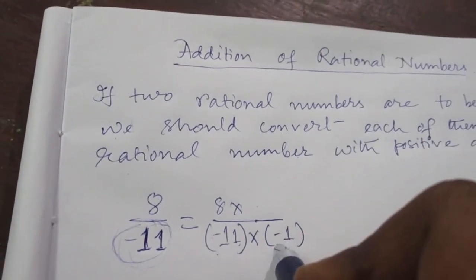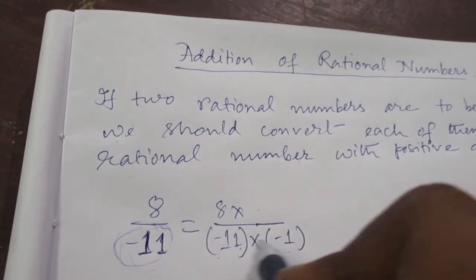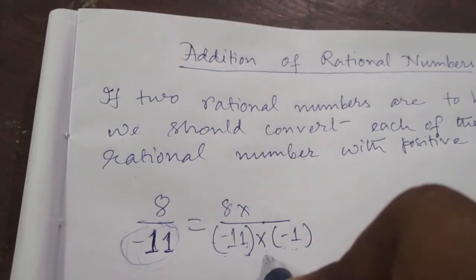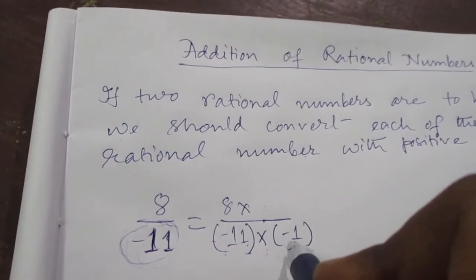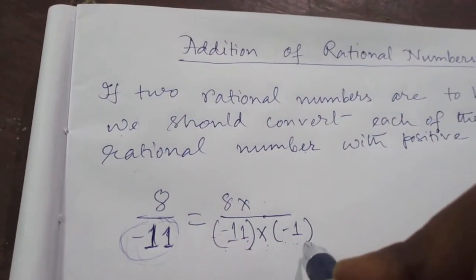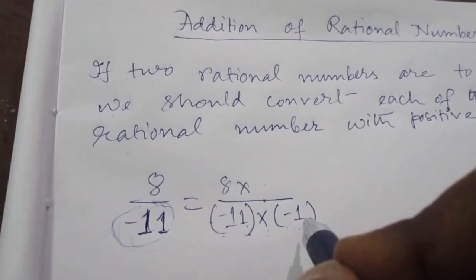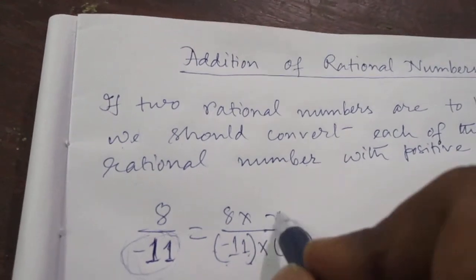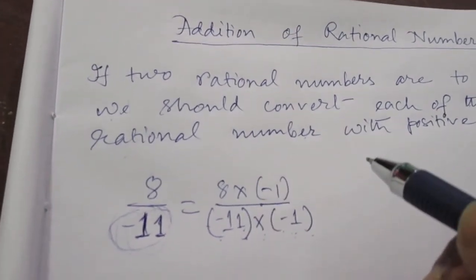Minus into minus will be converted into plus. And as you have multiplied the denominator with minus 1, you have to multiply the numerator also with minus 1.